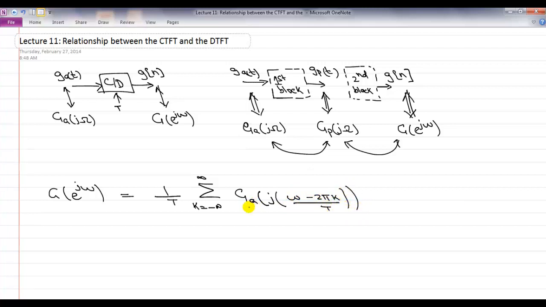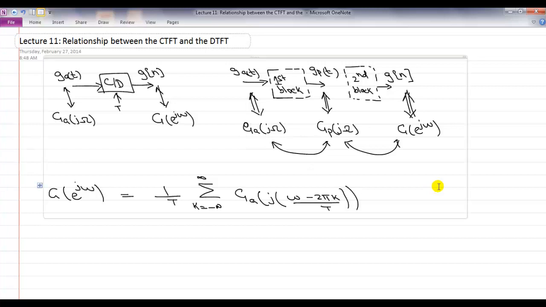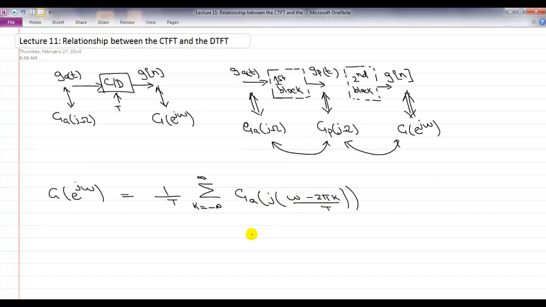And the way to interpret this relationship is that what happens if you are given a Fourier transform is you first scale the axis of that continuous time Fourier transform by a factor of capital T. Right? That's due to this ω over T relationship. And then you get multiple copies of that scaled Fourier transform at locations plus 2π, minus 2π, and there is a final scaling of the amplitude by 1 over T.